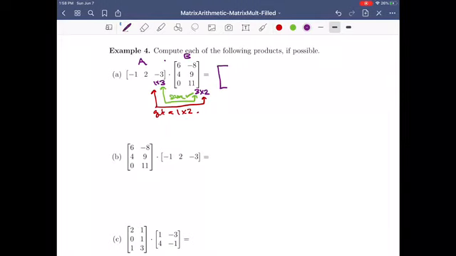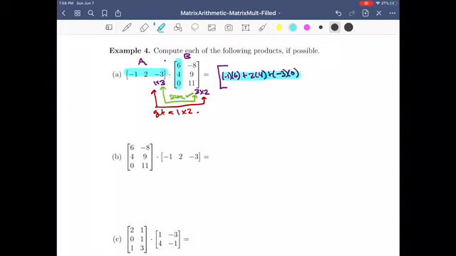So what we're going to want to do is take this row and multiply by this column, and that's going to give us the first entry here. So that's going to be -1 times 6 plus 2 times 4 plus -3 times 0. Okay.